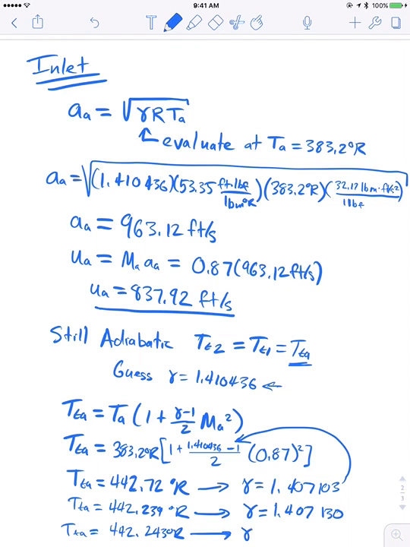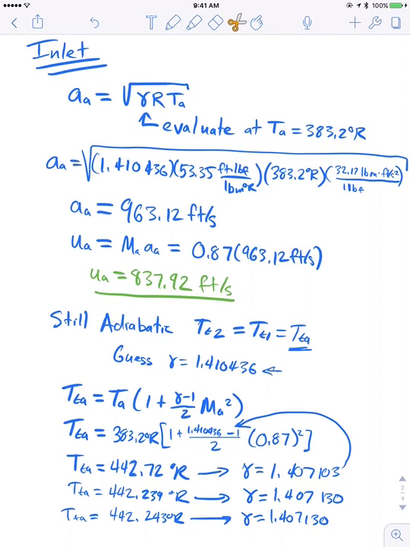But this time when we calculate gamma, we'll find out that it's still 1.407130. So we're pretty well converged on gamma, so we can say, okay, this is going to be our correct value of total temperature at the inlet.